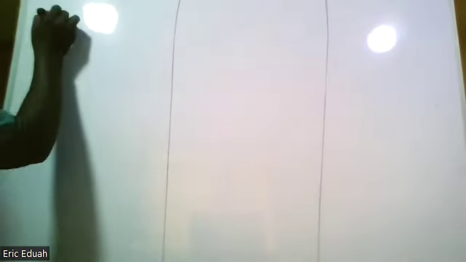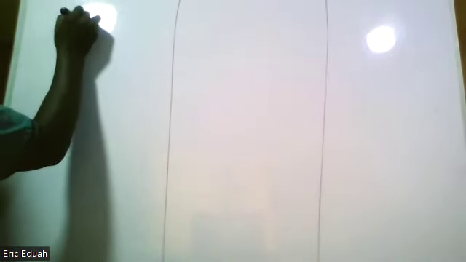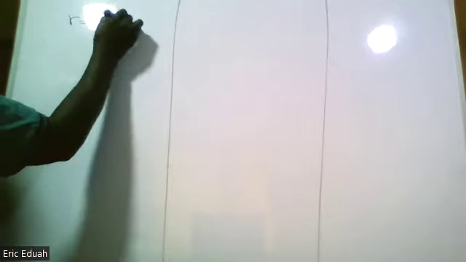It's now 3:40. So, an object moves around a circle of radius 3 meters with an angular velocity of 4 radians per second. Let's put the information down. We are given the radius of the circle to be 3 meters.